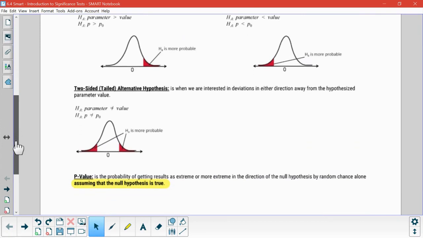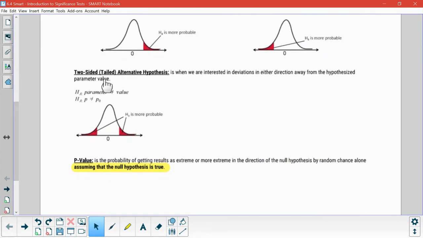Now for a two-sided, two-tailed alternative hypothesis, you're interested in deviations in either direction. So you don't care necessarily if it's greater than or less than, you just want to know, is it different at all? And the way we test that is by using not equal to. Again, p is our parameter because we're dealing with proportions, and p naught is the claim from the null hypothesis.